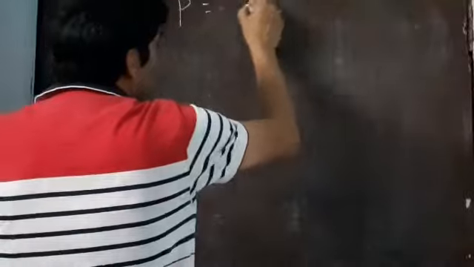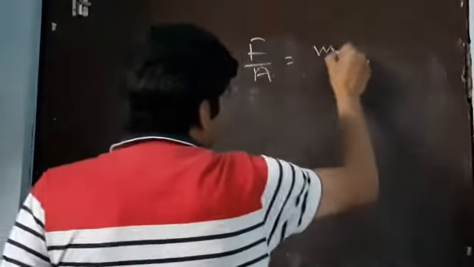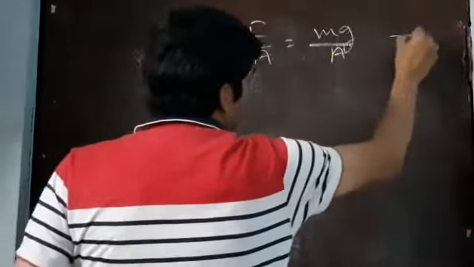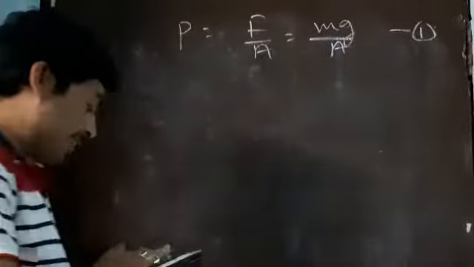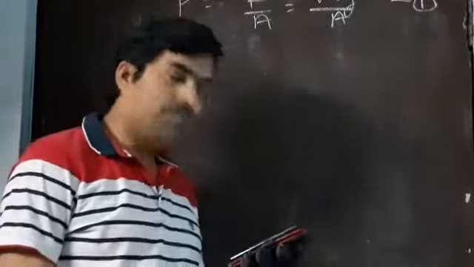Question 9. The mass of a body is increased by 40% and area is decreased by 20%. Again, original pressure P equals F by A, that is mg by A in the first case. Second case, mass is increased by 40%.